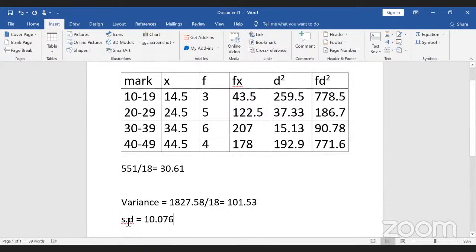Yes, a good question, young man. So make sure that you round them off to 4 significant figures.